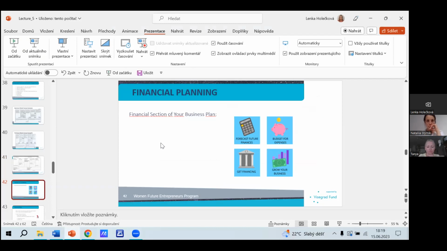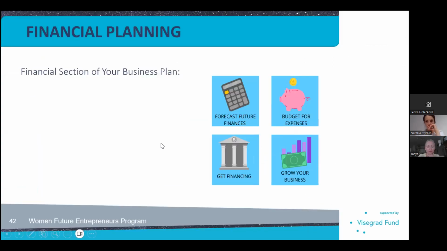Financial planning is also your task because it's necessary to cover this section in your business plan. It's necessary to forecast your future finances, but also your budget for your potential expenses, some potential additional sources, and then you can find a way how to grow your business in the future.